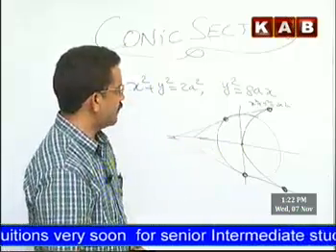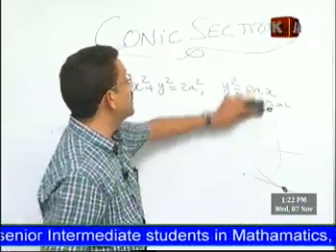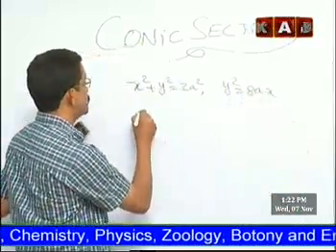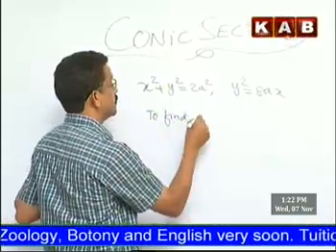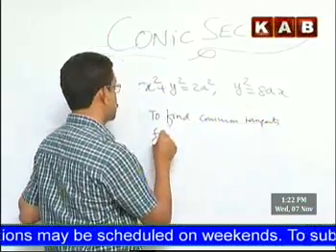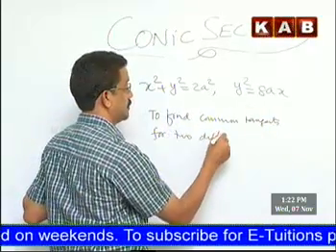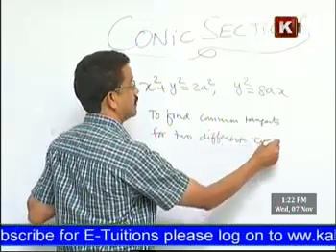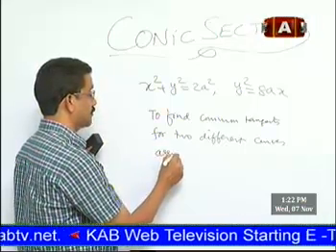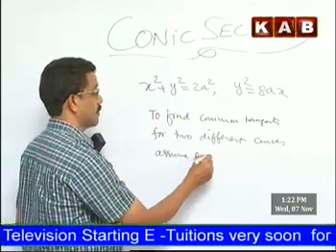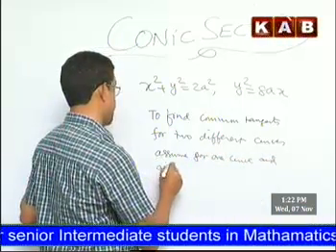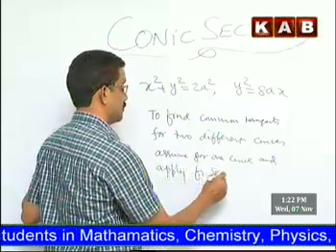But how, for any different curves? I give you a hint here. To find common tangents for two different curves, assume the tangent for one curve and apply the condition for the second curve.